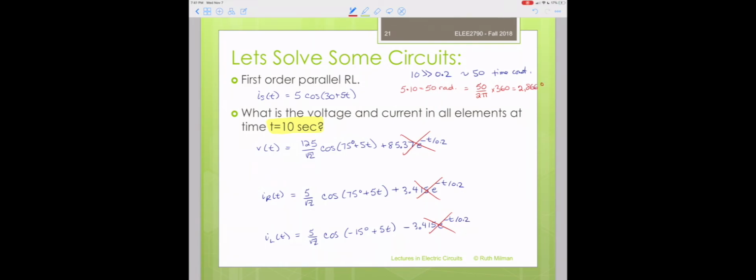If we see that we have 2,866 degrees, we can subtract off 7 times 360, which is equal to subtracting off 2520, and that will leave us with 346 degrees.